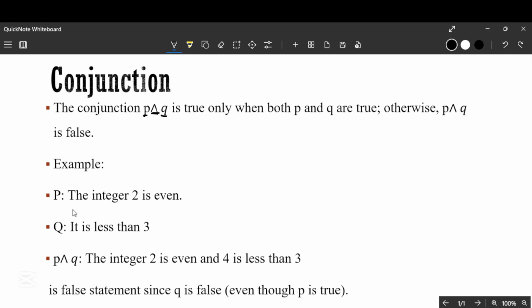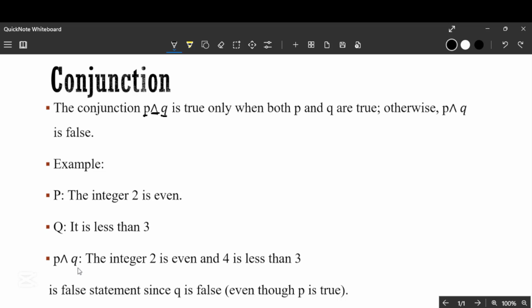So for example, if we have a statement P, the integer 2 is even, and statement Q, 4 is less than 3, then P ∧ Q is written as: the integer 2 is even and 4 is less than 3. This is a false statement since Q is false, because 4 is not less than 3.